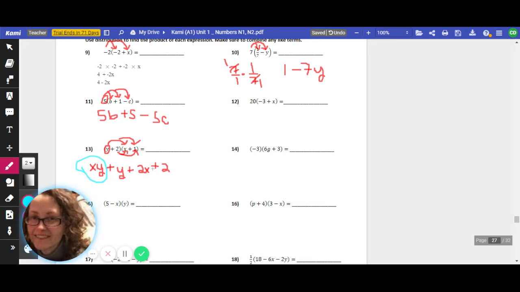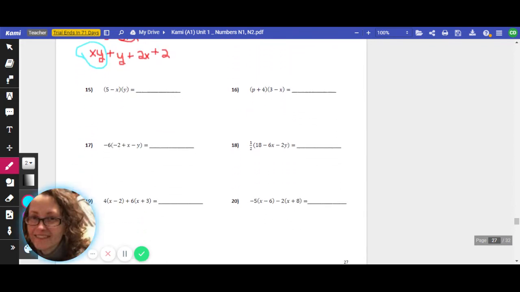None of these terms have the exact same variable combination, so I cannot combine any of these. Despite the fact that these two have a y in common, it's not enough. All of my variables have to match exactly in order to combine like terms like we did on the previous page.